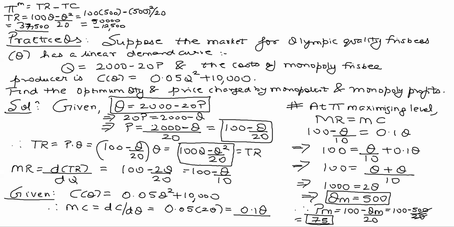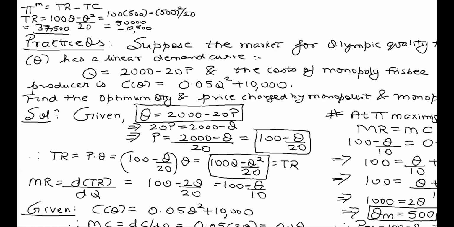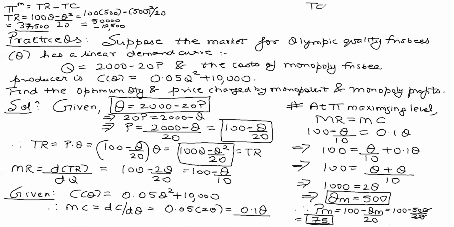What will be the total cost of the monopolist? Total cost is 0.05Q², where Q is 500, plus 10,000.